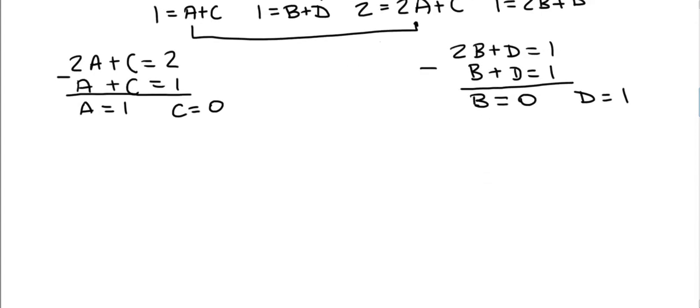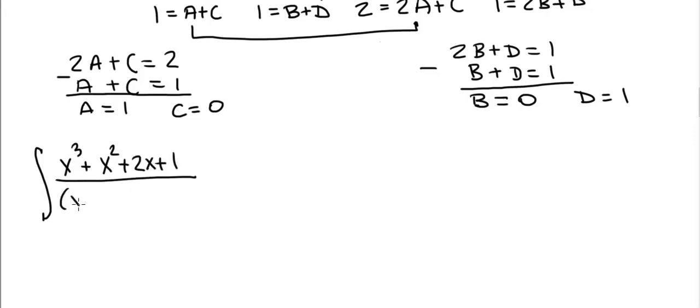Let's return to our integral. Our integral was x cubed plus x squared plus 2x plus 1 divided by x squared plus 1 times x squared plus 2.